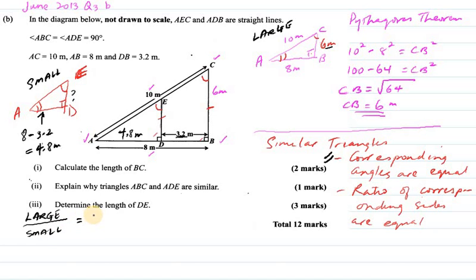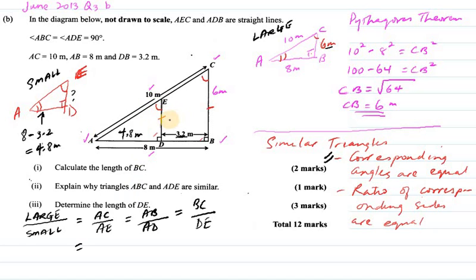So the large triangle AC corresponds to AE of the smaller triangle, and the ratio here is equal to AB of the large triangle, which corresponds to AD of the small triangle, and BC of the large triangle corresponds to DE of the small triangle. I just need two of these to work out DE.